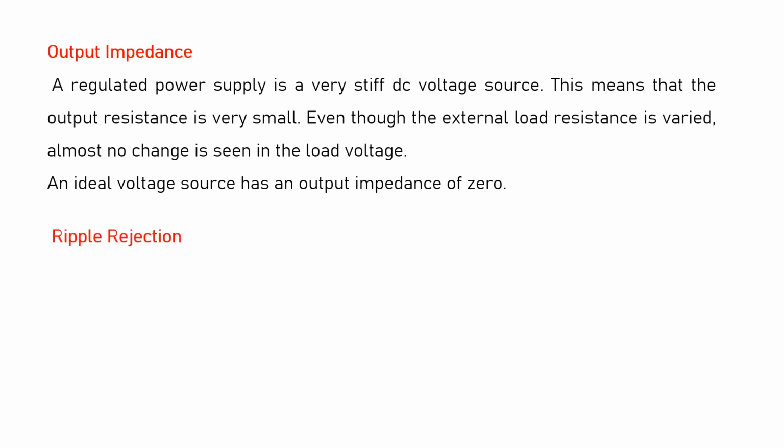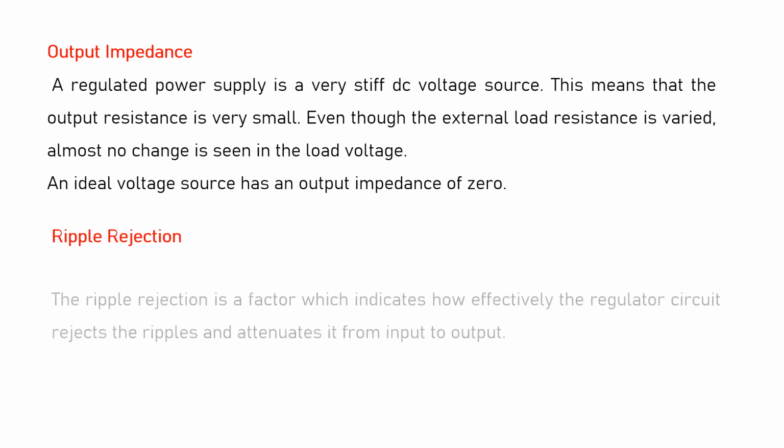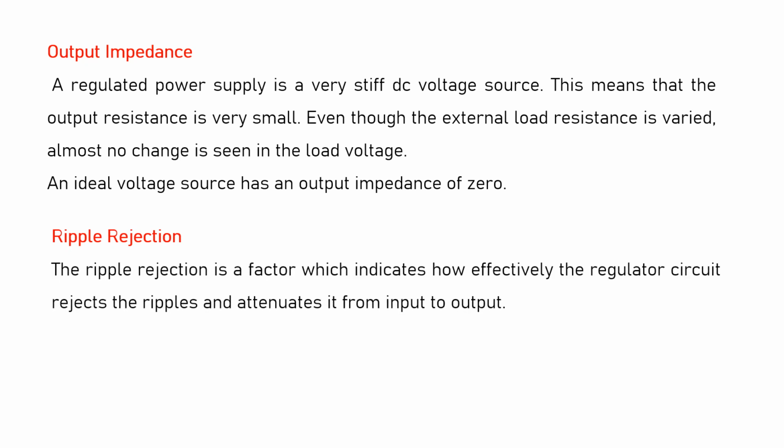The next parameter is ripple rejection. What is ripple rejection? Ripple rejection is a factor which indicates how effectively the regulator rejects the ripples and attenuates them from input to output. Ripple is nothing but a variation in the input voltage.